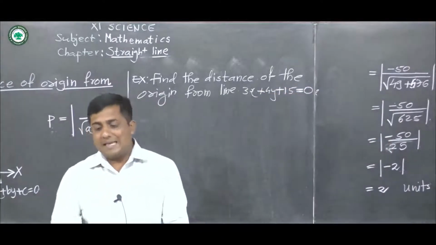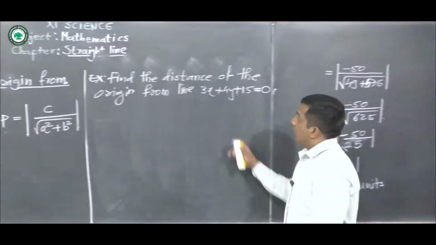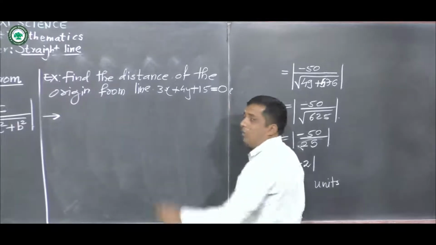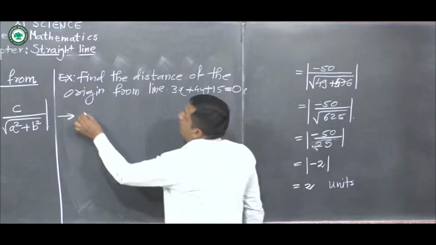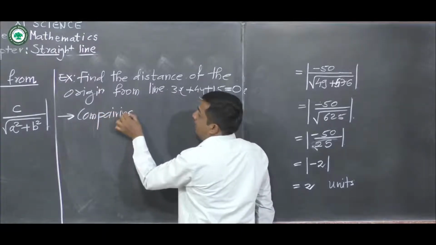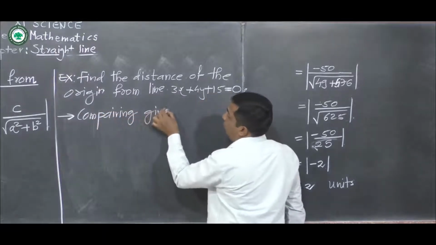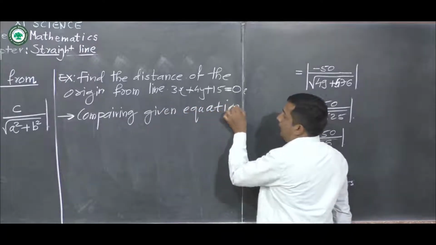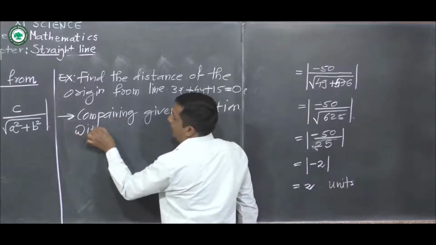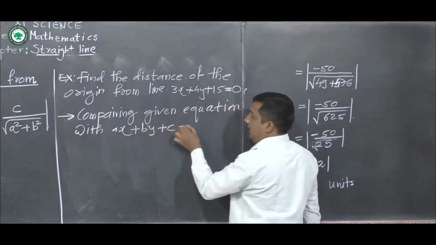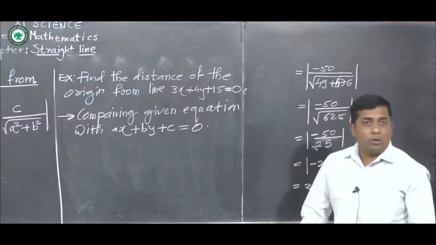Again by using the same steps, here we find the distance. Okay, firstly we compare this equation with ax plus by plus c equal to 0. Comparing the given equation with ax plus by plus c is equal to 0.